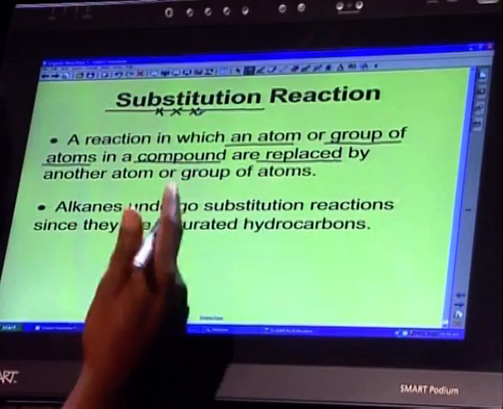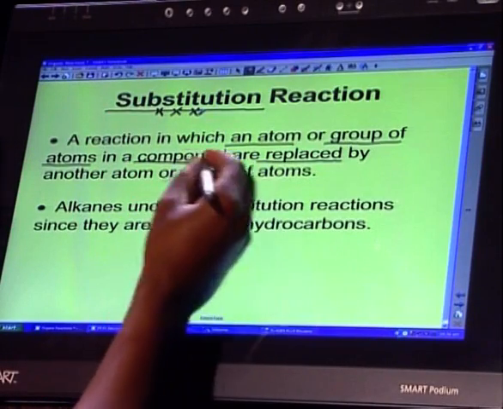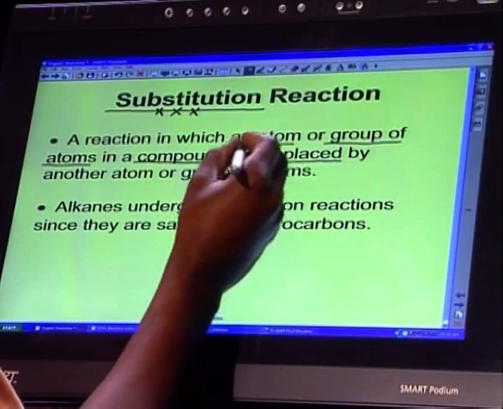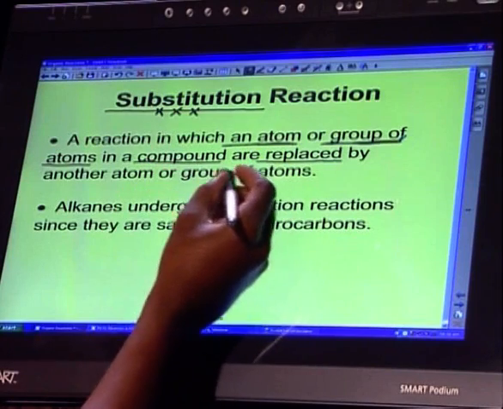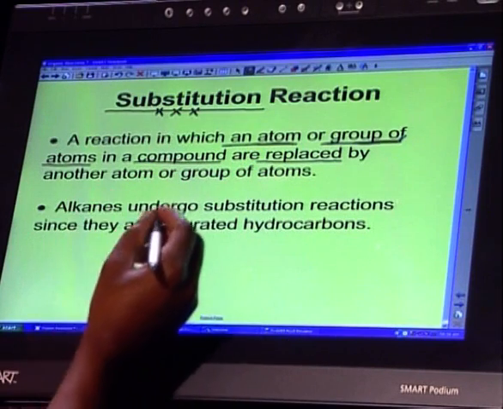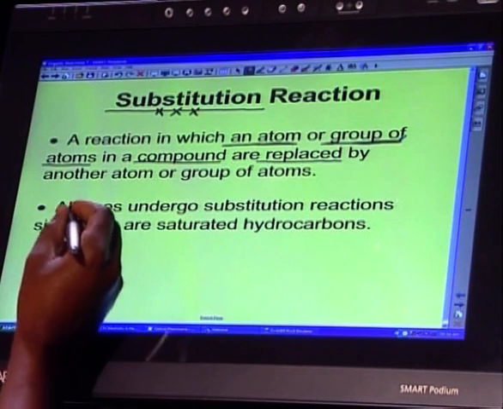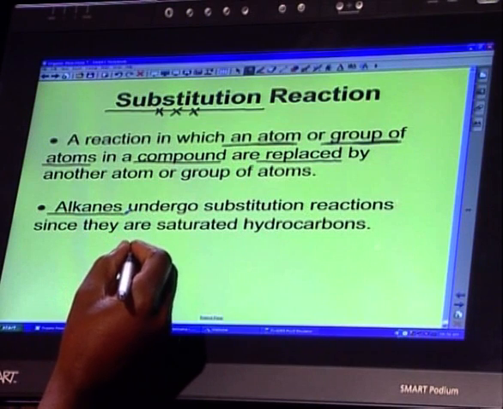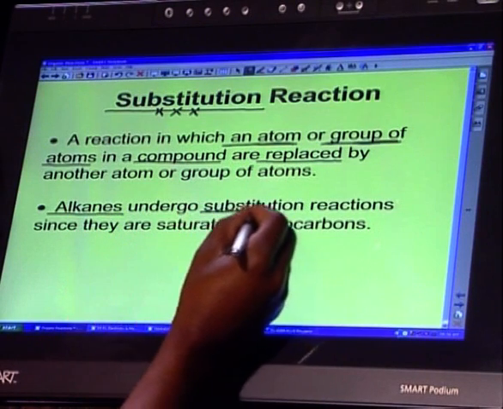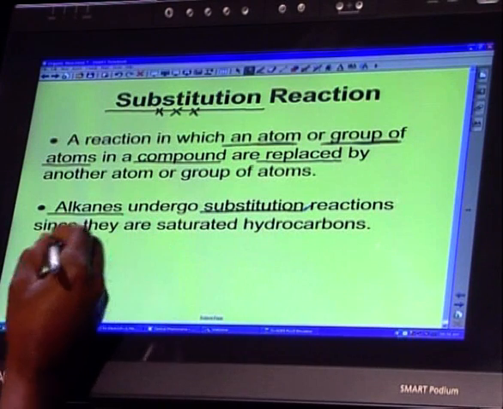So substitution reaction does exactly that. We are replacing some atoms or some group of atoms by another. Okay, so that's substitution. And this happens when we talk of alkanes in organic chemistry. Why alkanes? Because alkanes are saturated.